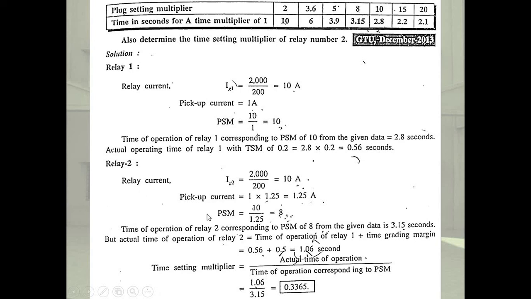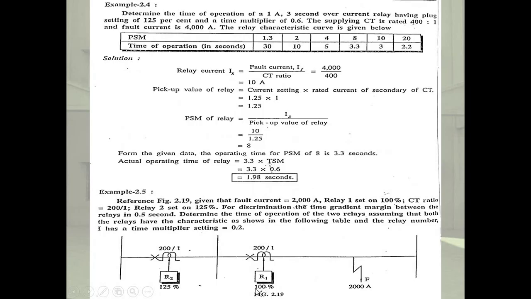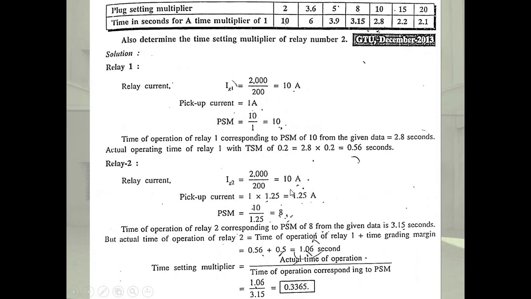Now relay 2. The relay current I equals 2000 divided by 200, so I equals 10 ampere. Now pickup current equals 1 into 125%. Here relay R1 is at 100% and relay R2 is at 125%. So pickup current is 1 into 1.25, which is 1.25 ampere.